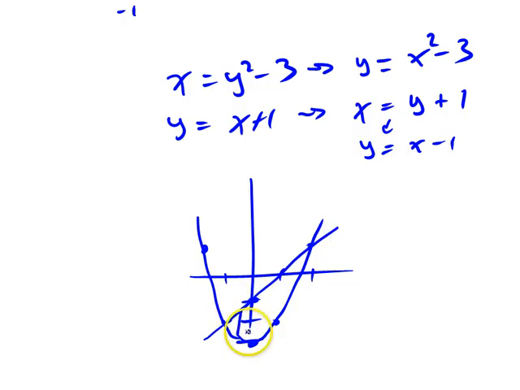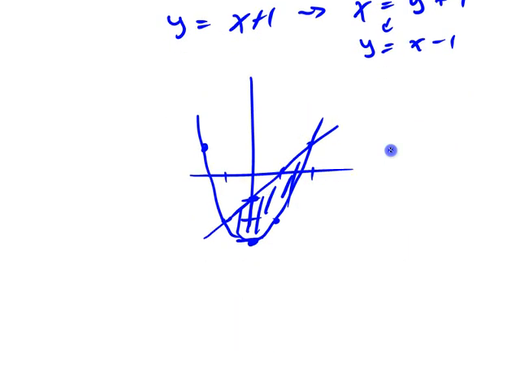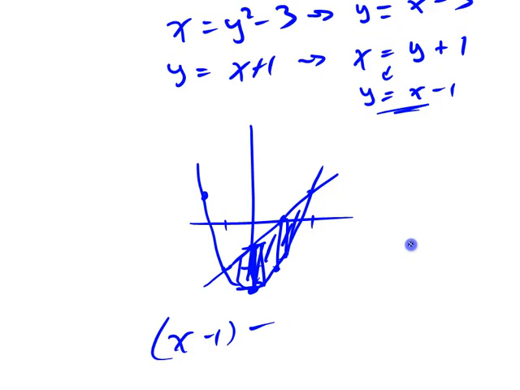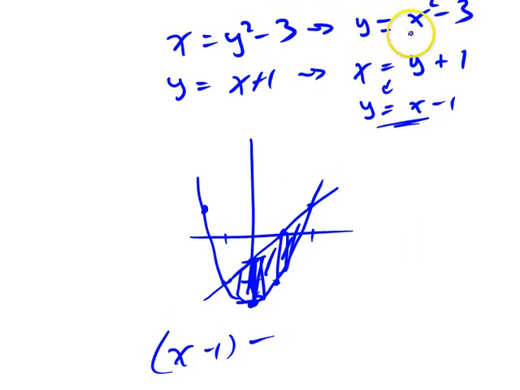Right? And they say, oh, this is the region I'm looking for. And then they set it up in the normal way of top minus bottom for each spot, times the thickness. Well, the top is the line, x minus 1, minus the bottom. Well, the bottom is now the quadratic, x squared minus 3.